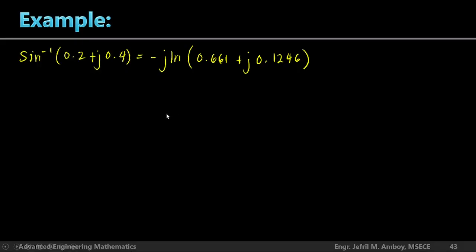Okay? So, pag kumukuha tayo ng ln, remember, ln of the complex number z is equal to ln of r plus j theta plus 2k pi. Kasi nga multi-valued yan, di ba? So kung principal value lang ang ating kukuhanin, tatanggalin ko na yung 2k pi, no? So kailangan i-express natin ito sa kanyang polar form or exponential form.